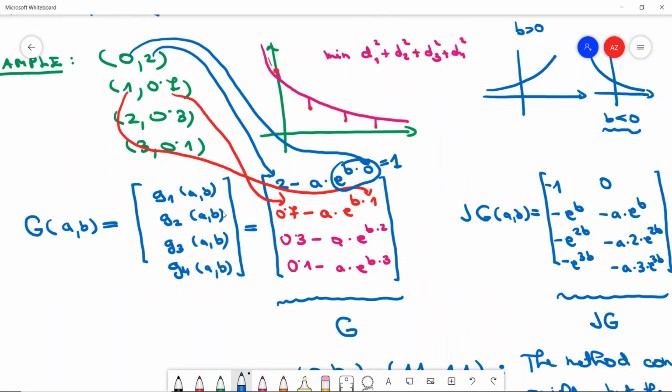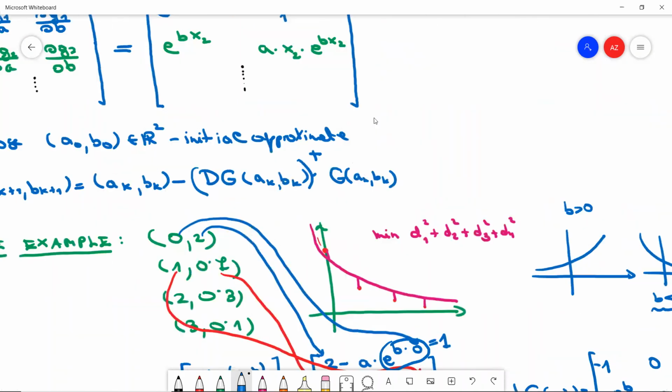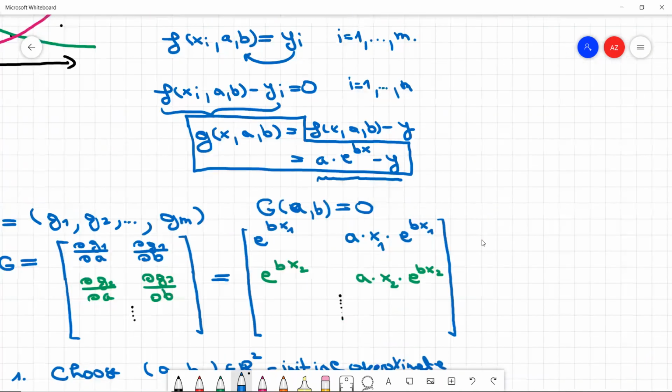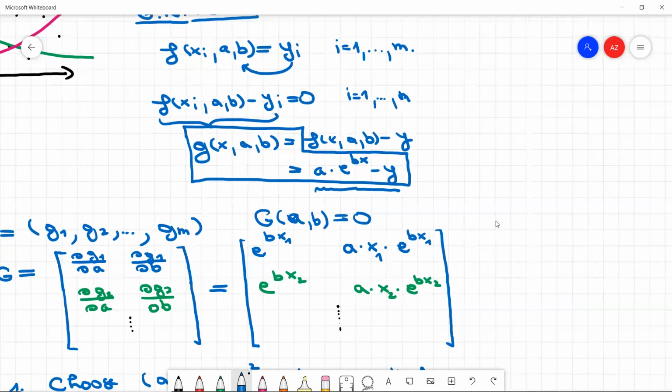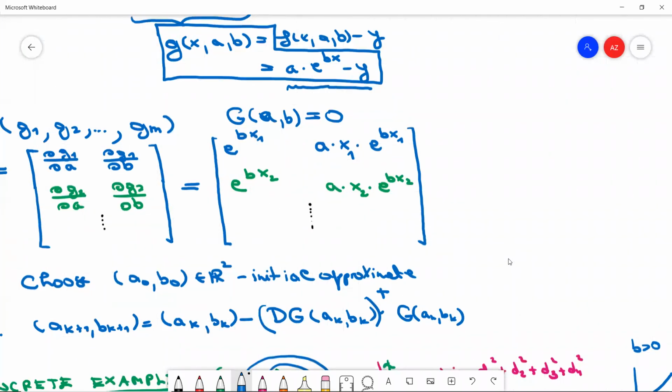I wasn't consistent with what I wrote, but it's not important. We could either put f on the right-hand side, and then our function will be y minus f, or we could put y on the left-hand side, and our function is then f minus y. Since we are minimizing the norm, it doesn't change a and b in the solution. Okay, thank you. Thank you for the question.